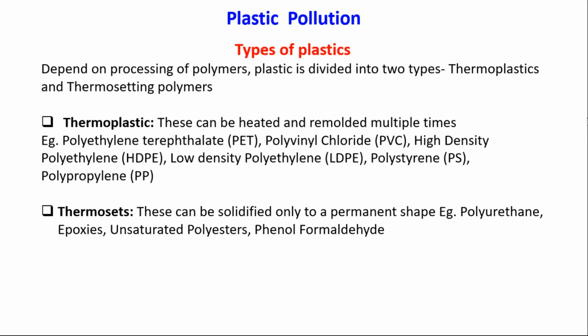There are two types of plastic, that is thermoplastic and thermoset. Depending on the processing of polymers, plastic is divided into these two types. What is meant by thermoplastic? Thermo, we know, means heat. So these are heat-related plastics.